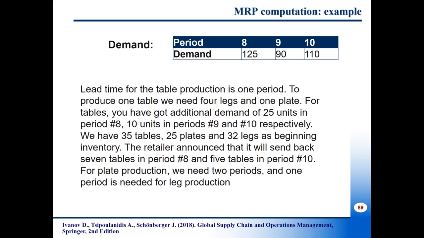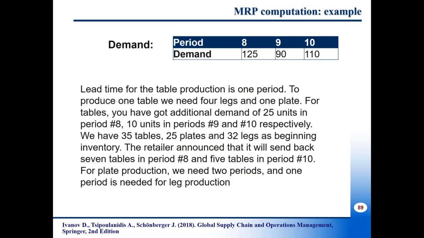Now we have another example where we have inventory at the beginning of planning. We have here a table of master production schedule in our slide. Lead time for the table production is 1 period. To produce one table, we need 4 legs and 1 plate. For tables, you have got additional demand of 25 units in period number 8, 10 units in period number 9, and also 10 in period number 10.